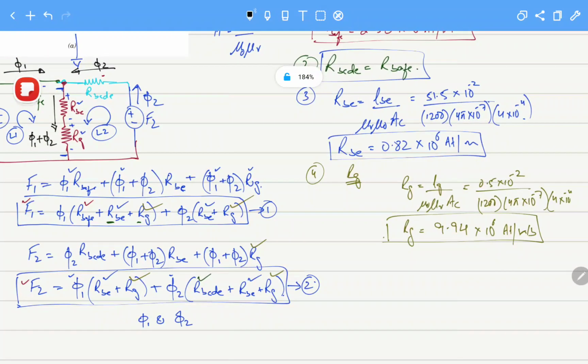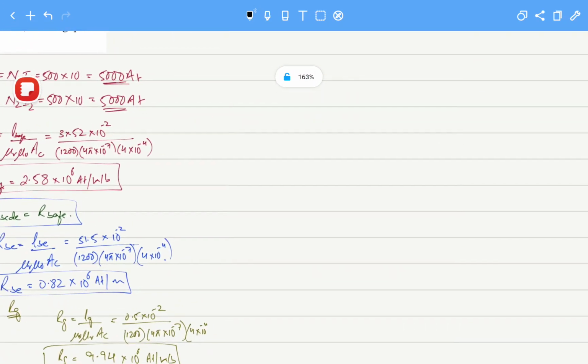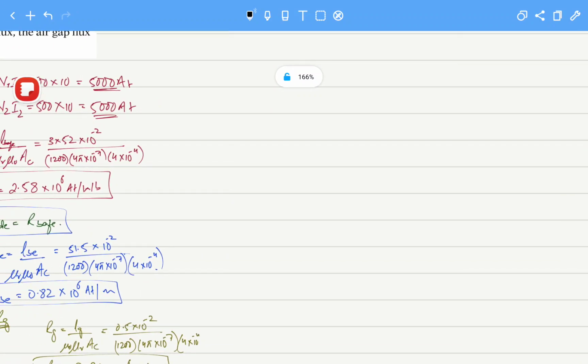This is simple mathematics. You can solve this, and eventually you will get two equations, and from those equations you can easily calculate the values of phi 1 and phi 2. I'm skipping that part because it is basic mathematics and the video is getting long. I hope all the guys are listening.